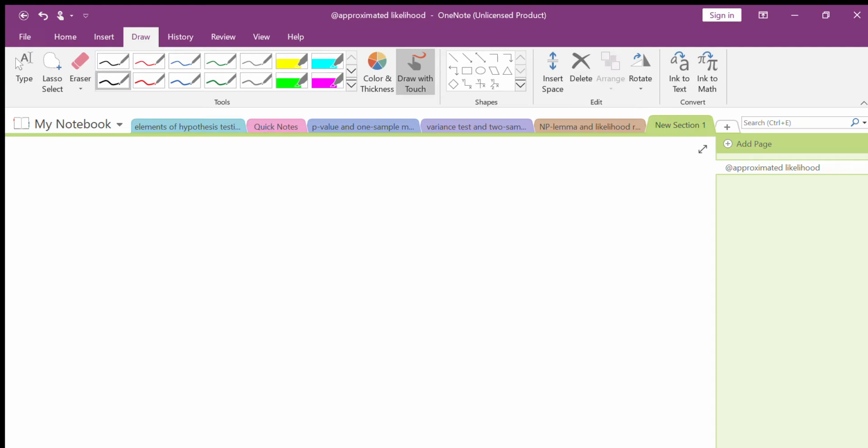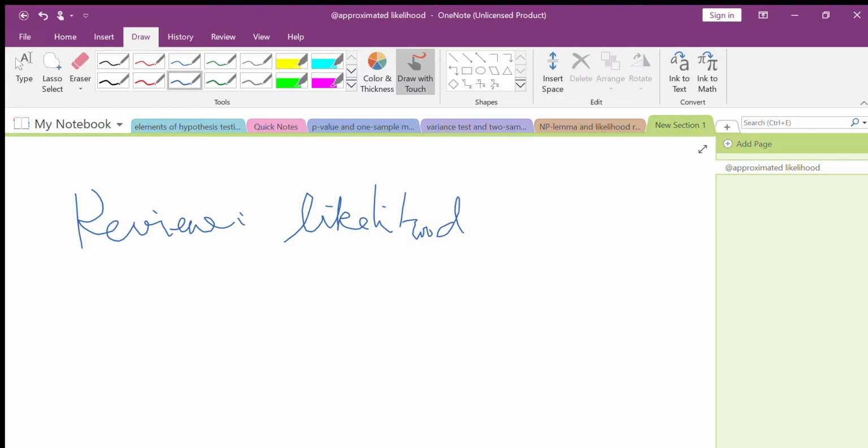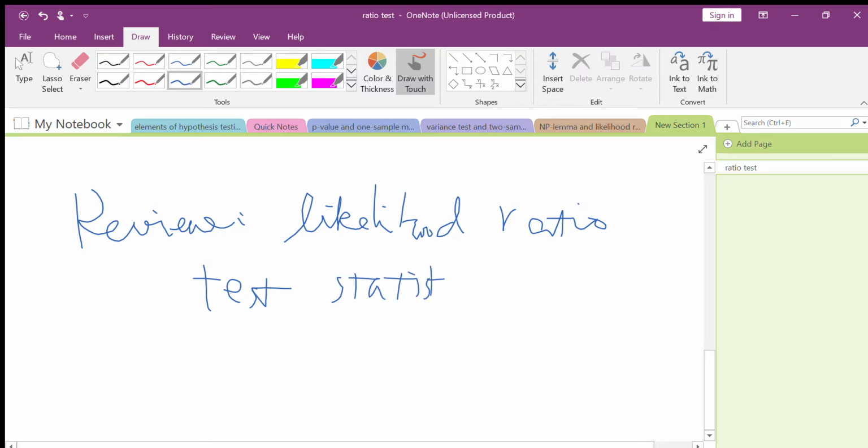So let's review likelihood ratio test statistic.